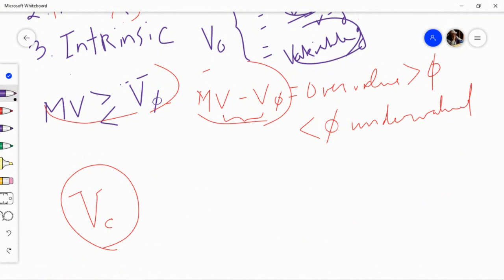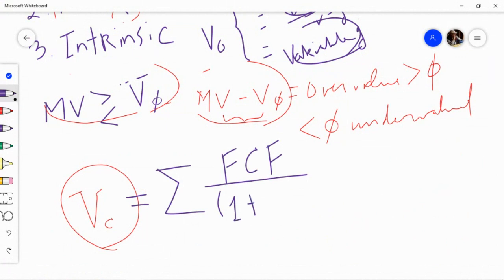So the value of the company, which is the intrinsic value, you can say is the sum of all the free cash flows discounted by the weighted average cost of capital, right? Time runs from 1 to infinity, okay?